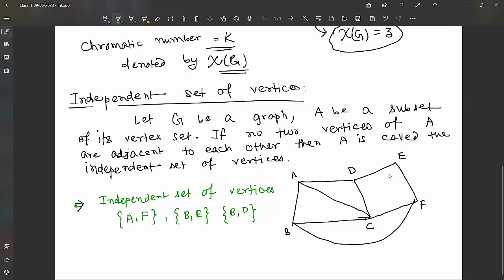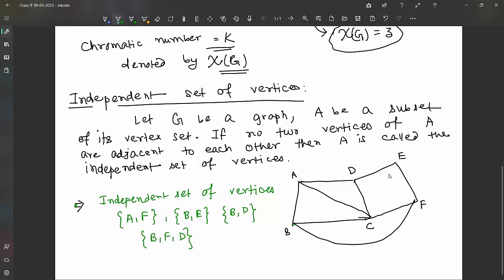B, F, D. Okay. So B, F, and D. This is another. Okay. Any other?